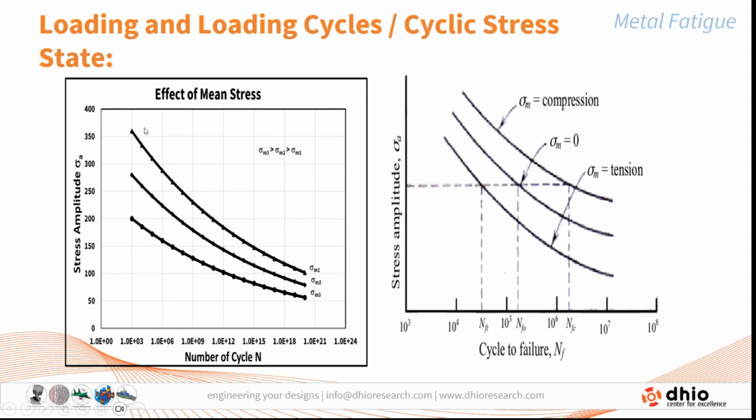Now, for the mean stress, M3 is greater than M2 and M2 is greater than M1, that means M1 is the minimum, M2 intermediate, and M3 the highest value.